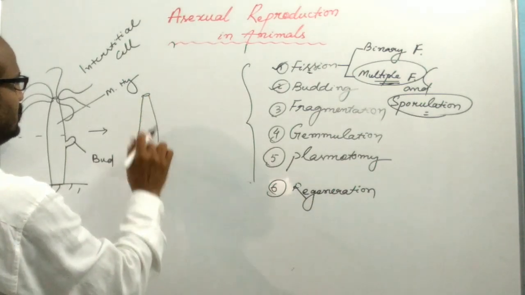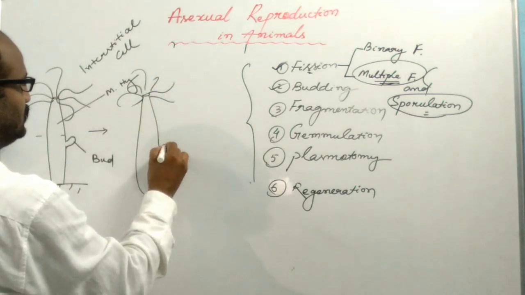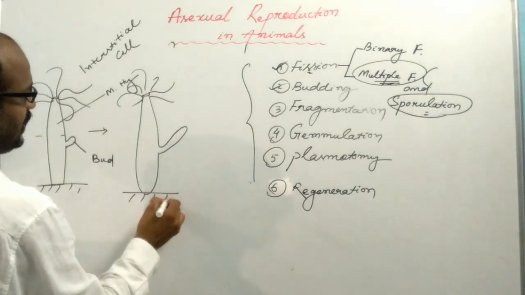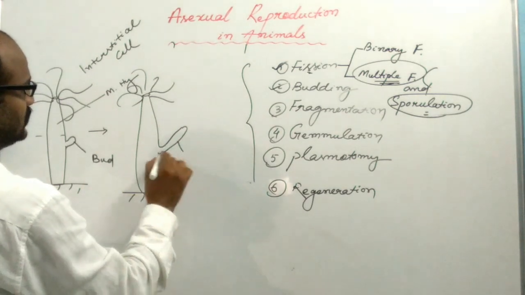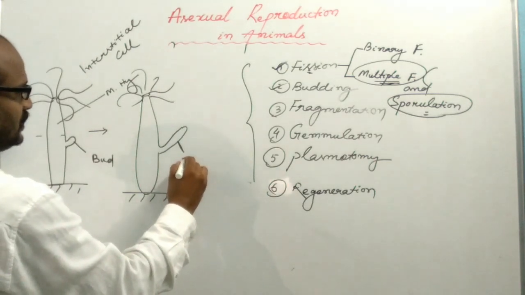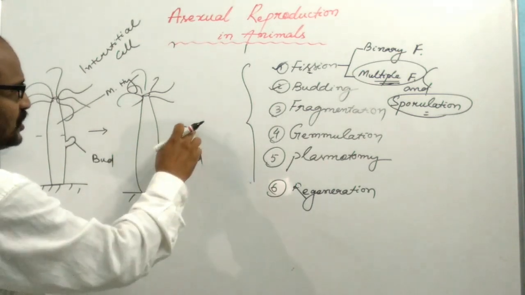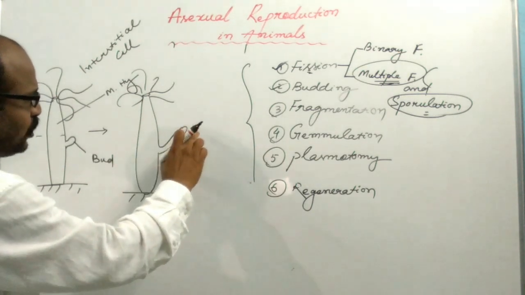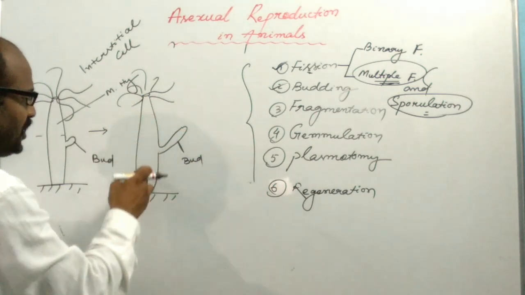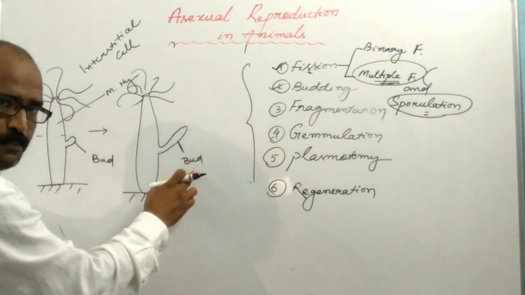So this is the mother hydra and this is the growing daughter hydra. Now this is the bud, the elongated bud. This portion is the proximal and this is the distal portion. After full growth of the bud, the coelenteron communicates with the bud.